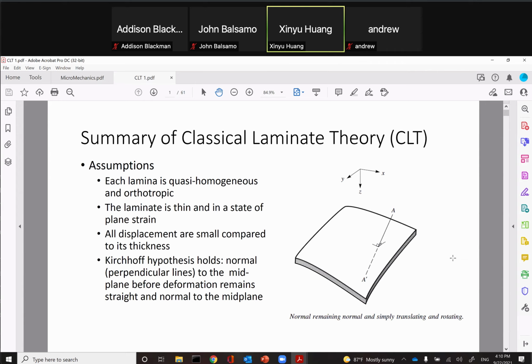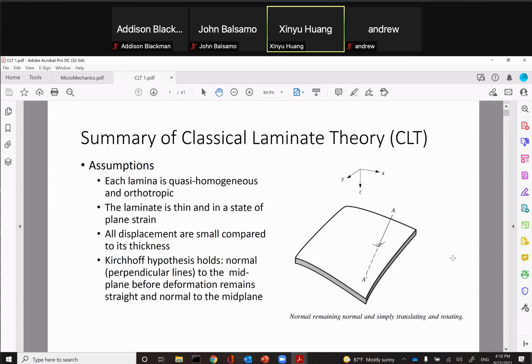The thickness is much smaller than these 2 dimensions. If this dimension is much longer, and the width is also small, we call it a beam. A beam has 1 dominant dimension. A plate has 2 dominant dimensions. If every dimension is big enough, then it's a 3D object. You've got to use some other method.